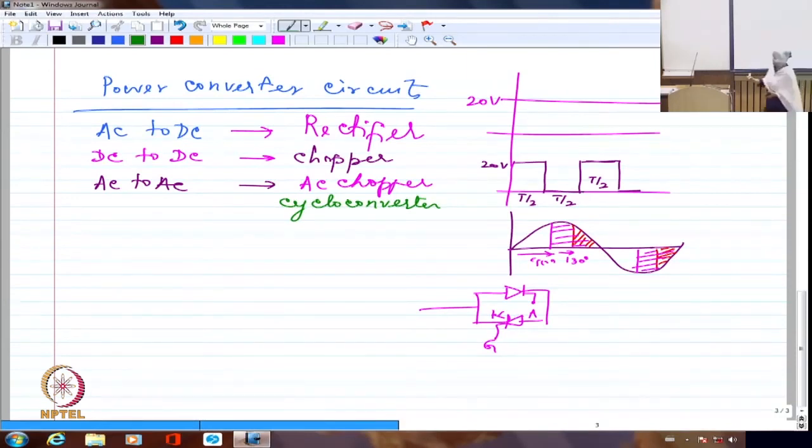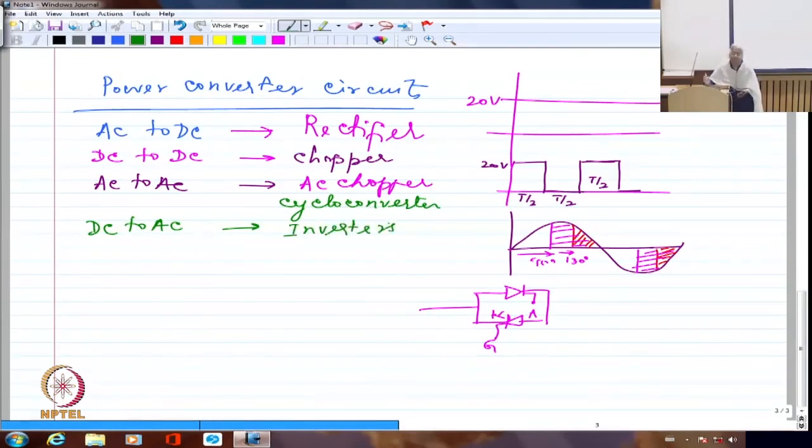Last but not the least, DC to AC. DC to AC is generally known as the inverter. So inverters are used in plenty of applications. For example, I told you induction motor speed control, you will need an inverter.